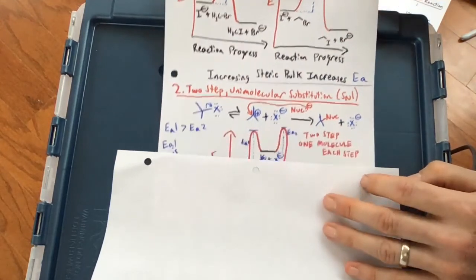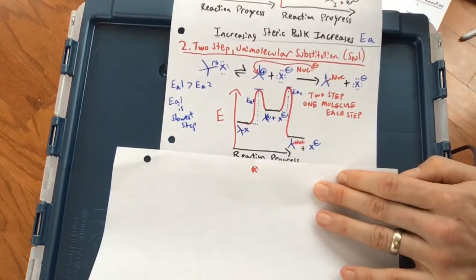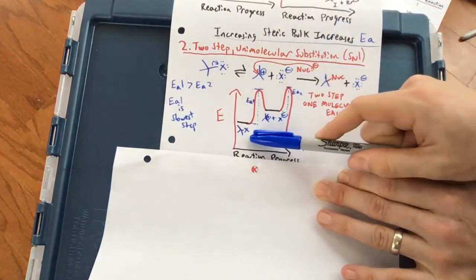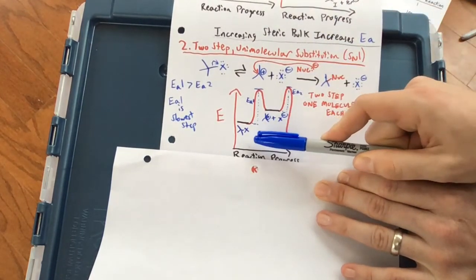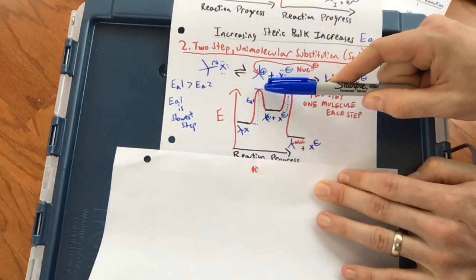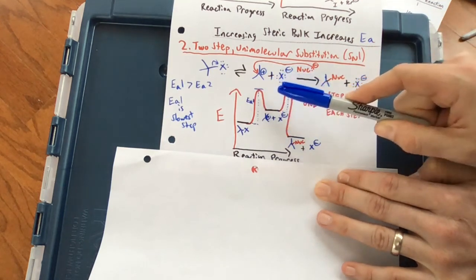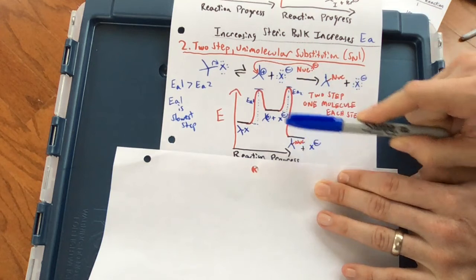And the reaction profile for this looks a little different than for the SN2 reaction because you start with one molecule, and that one molecule has an activation energy to get over this transition state to the intermediate state, which is the carbocation plus the negatively charged anion.